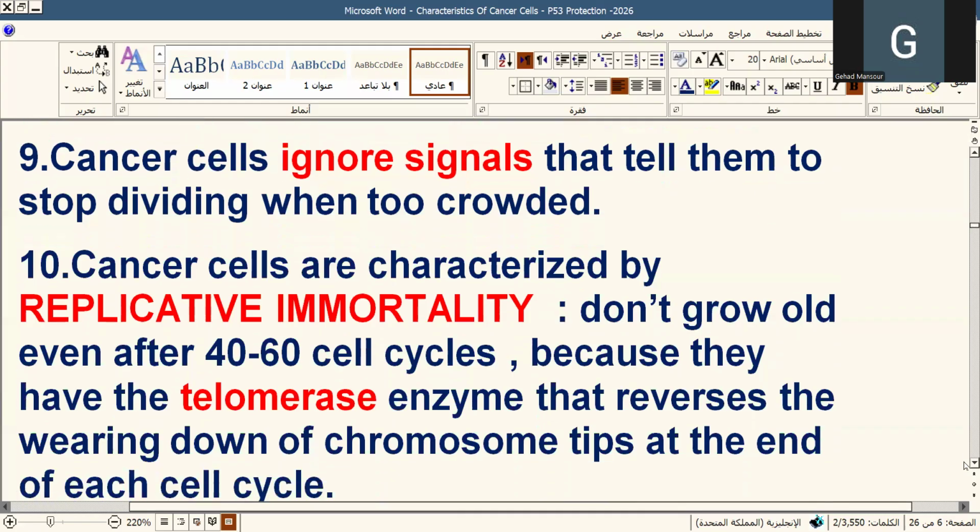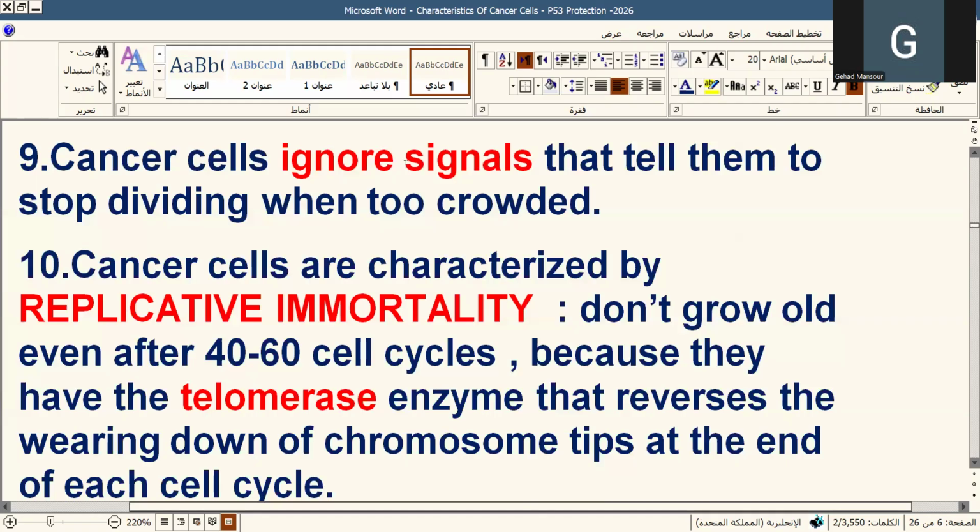The mutations of the cancer cells also provide them with abnormal properties, like ignoring the signals that try to arrest them from dividing when they are too crowded.